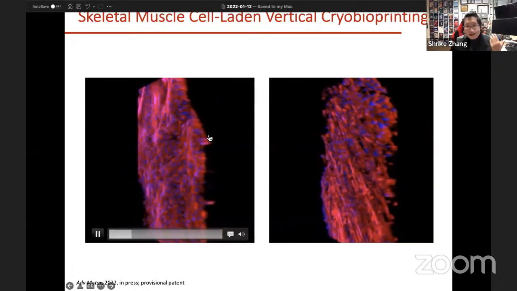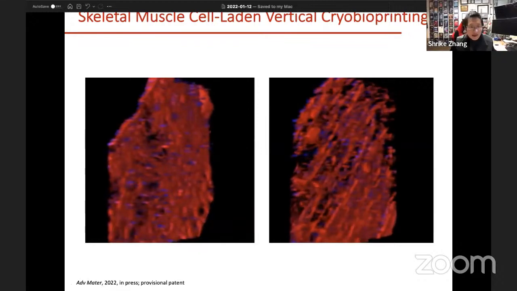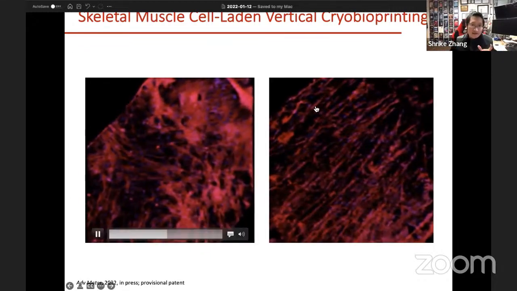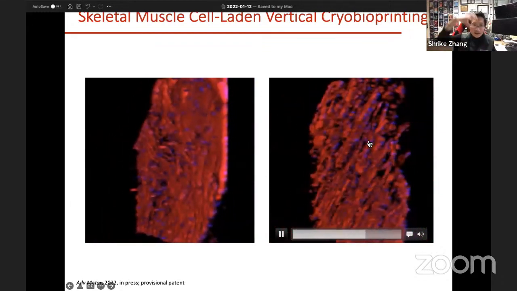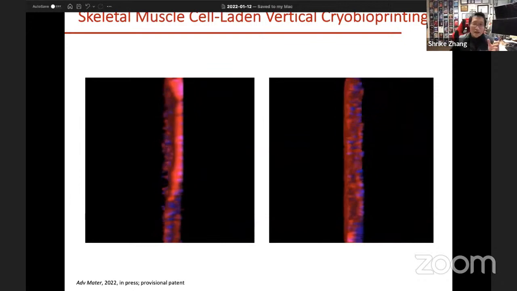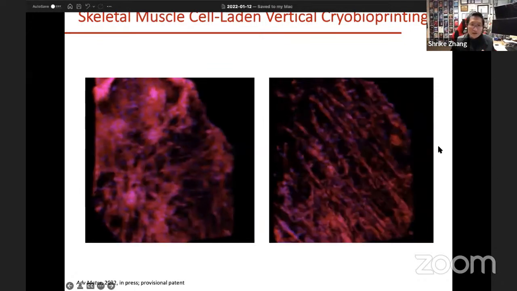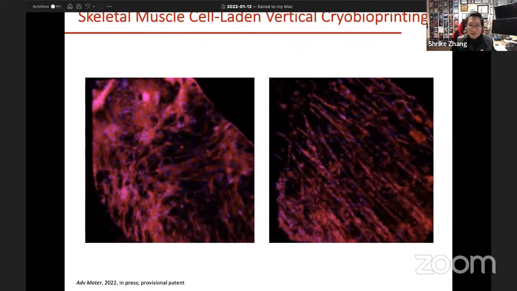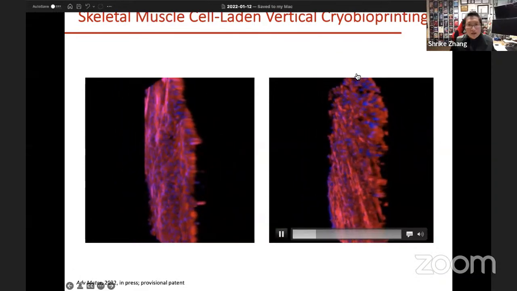So if you don't have any cryo, like directional freezing process, the cells are pretty much aligned in all different directions. But now if you have the cells that are cryo bioprinted in a vertical way, having all the channels created, you can have the skeletal muscle cells aligned in one direction. That's going to be very important to model this tissue as they very nicely recapitulate the in vivo like structure.